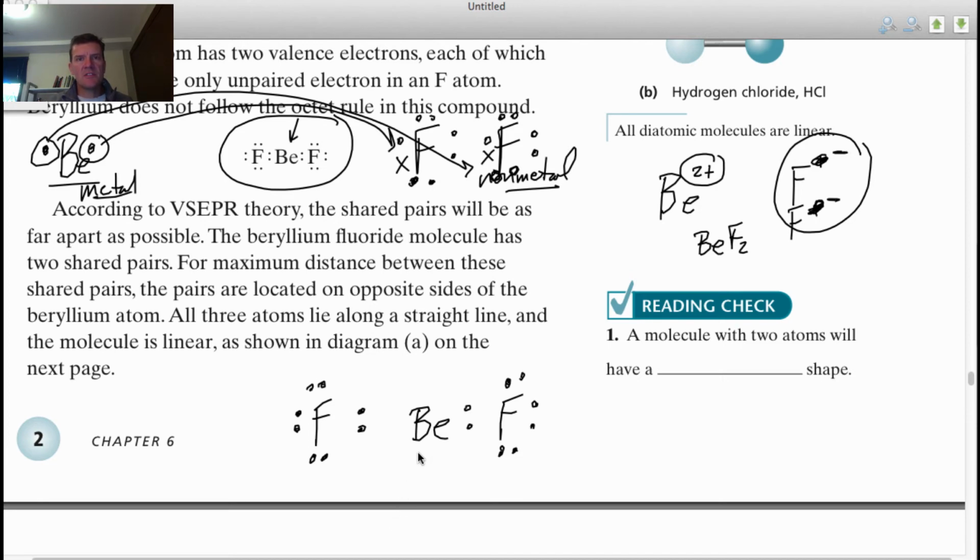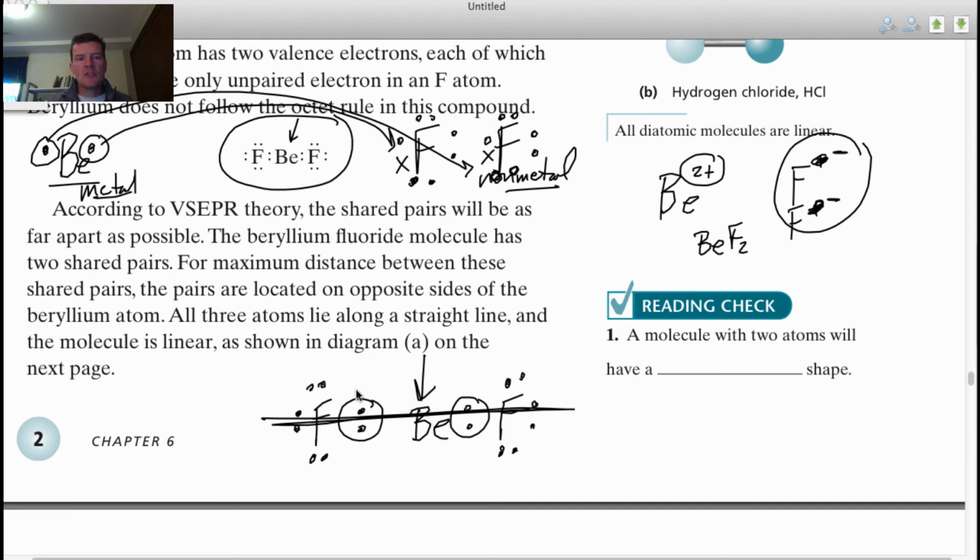If you have a central atom and 2 regions where there are bonds, you are guaranteed that the shape of this is going to be what we call linear. It's just going to be straight. There's no bend to it. It's not really 3-dimensional.